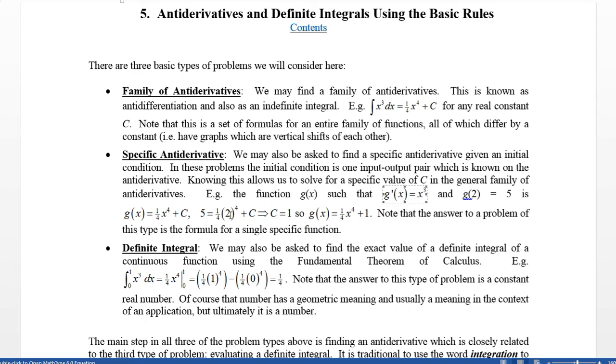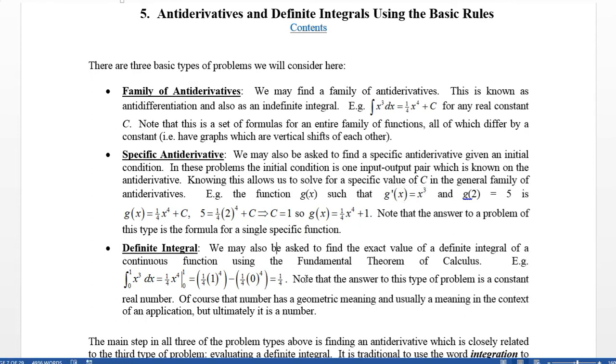We'll plug in 2 for x and 5 for y, and we can solve that. 2 to the 4th is 16, divided by 4 is 4. Subtract 4 from both sides, we see c equals 1. So the formula for g of x must be 1/4 times x to the 4th plus 1. Note that the answer to a problem of this type is a formula for a single specific function. A little different than the first type of problem.